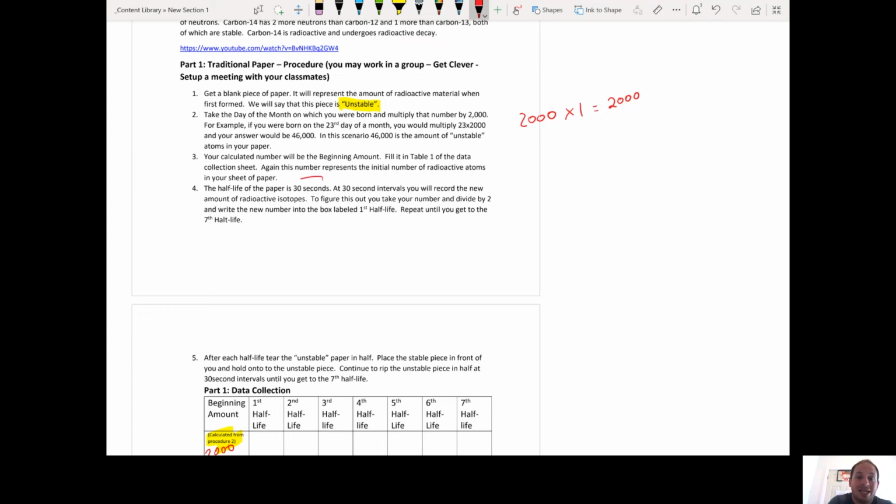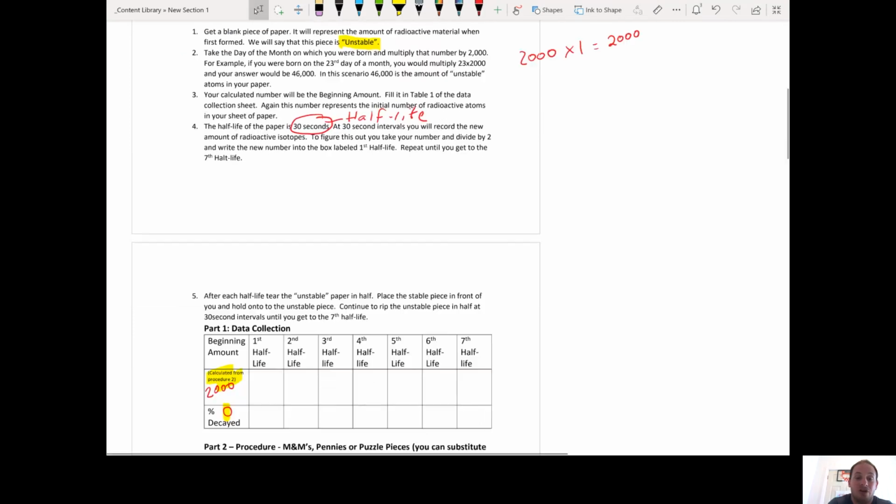Our 30 seconds represents the half-life during this experiment. At the end of each 30 seconds, I want you to rip or tear your paper in half. What we're simulating is that half of those unstable atoms are turning stable.